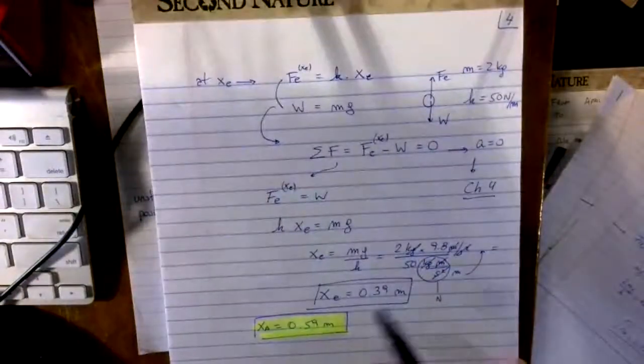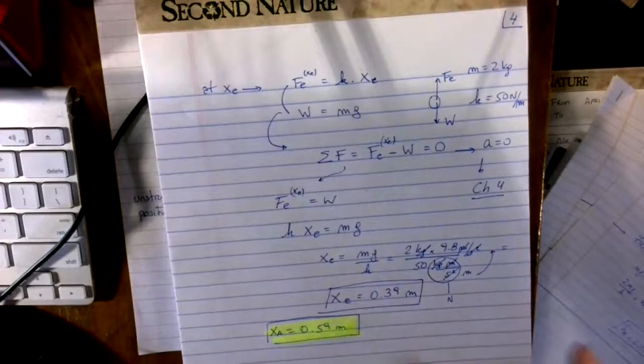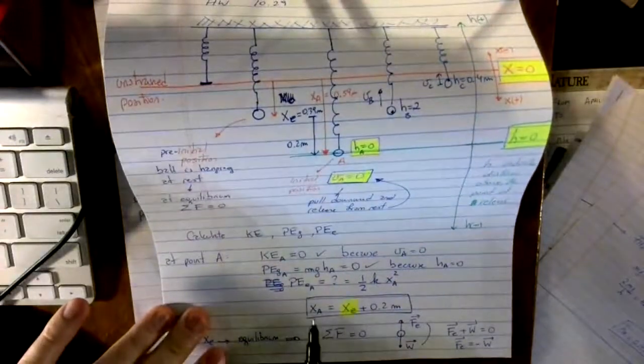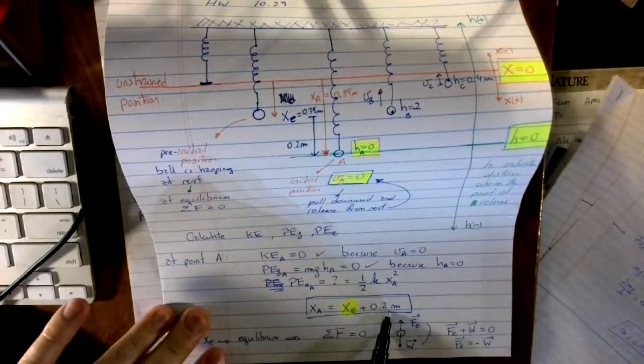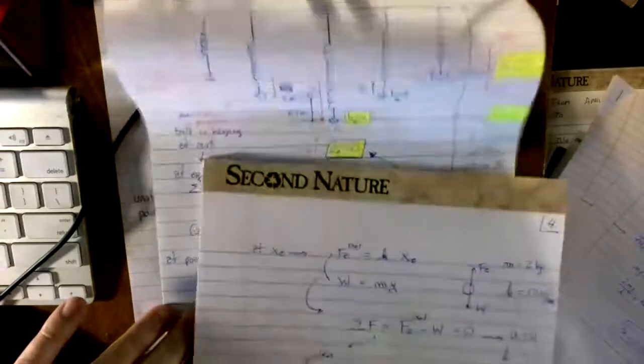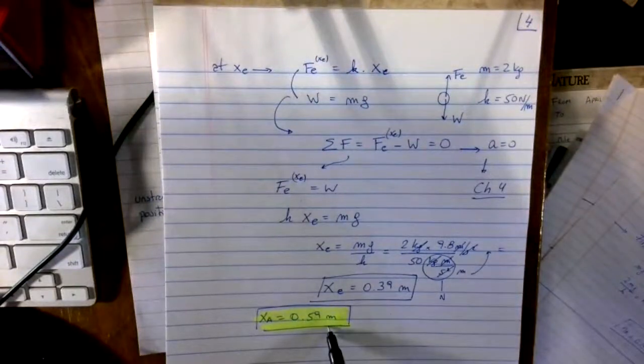I was expecting 100% correct answers here, because I just gave you that XA is XE plus 0.2. If we just calculated XE one second before, you just need to add 0.2 to it.